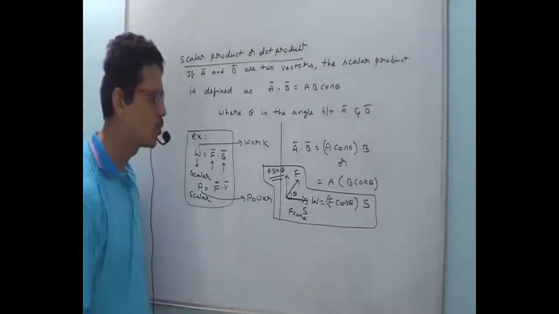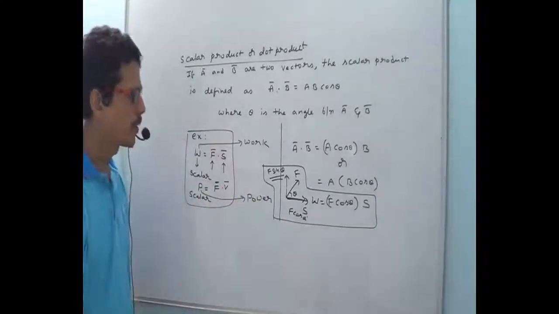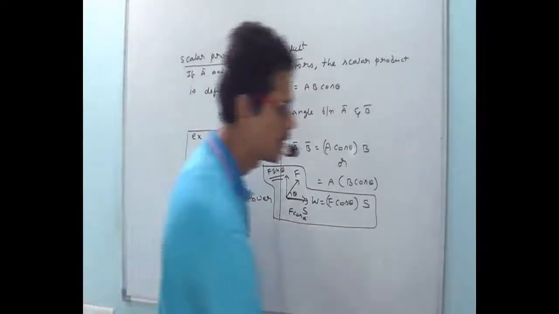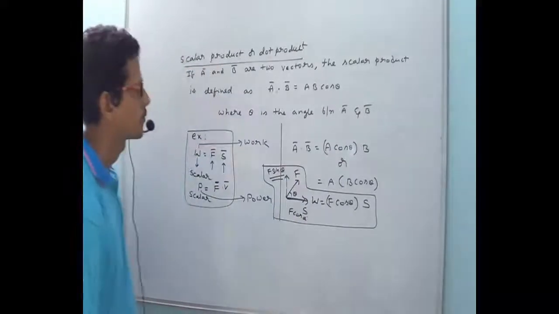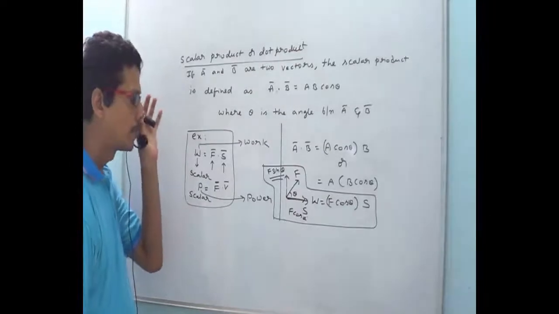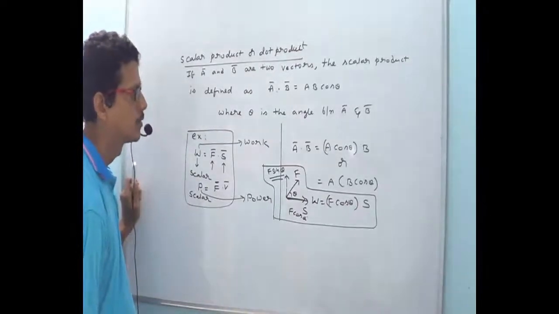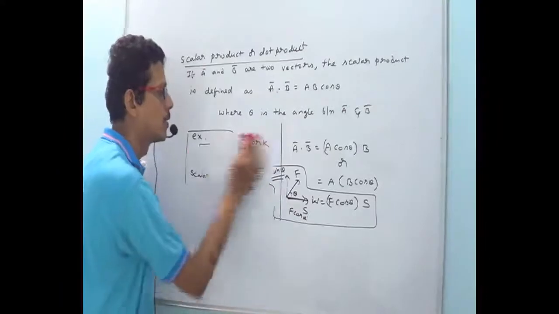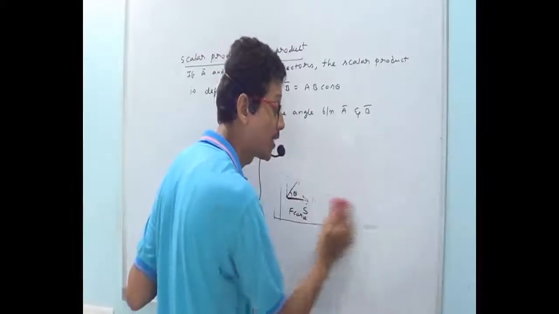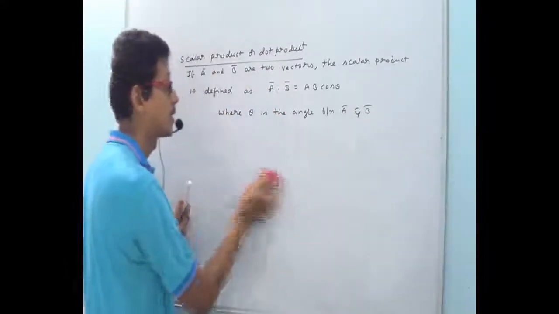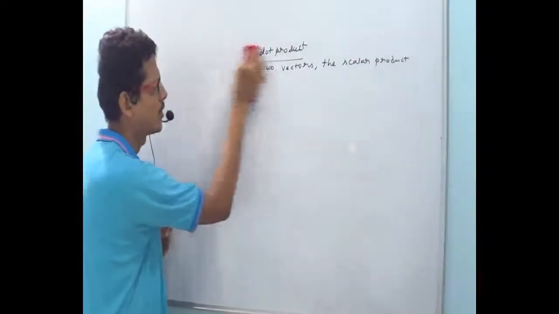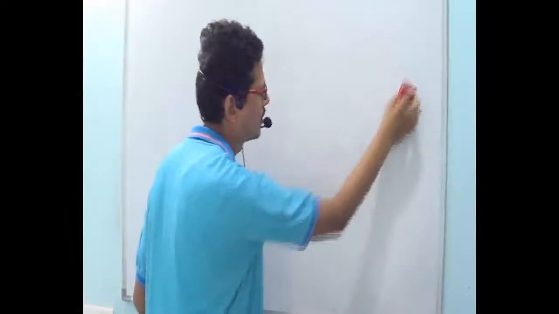We will see some of the rules of this dot product. Okay, these are the examples. Let us go for the rules of the dot product. If you have the product of two vectors and the final thing is a scalar, then we call that a scalar product. Its other name is dot product, because we are just keeping a dot between the two vectors.